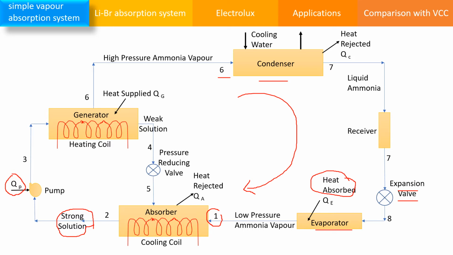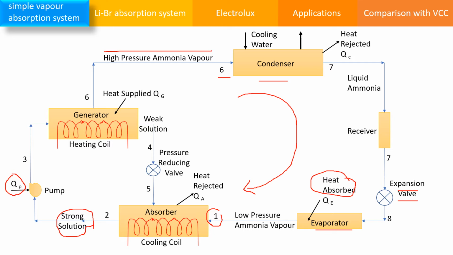So the heating coil heats the strong aqua ammonia solution, thereby reducing its solubility, that is its holding capacity for ammonia. So ammonia vapors are released in the generator. For the namesake, the generator generates the ammonia, and this ammonia is in the form of high pressure ammonia vapor because of the pump, and this high pressure ammonia vapor is passed to the condenser.